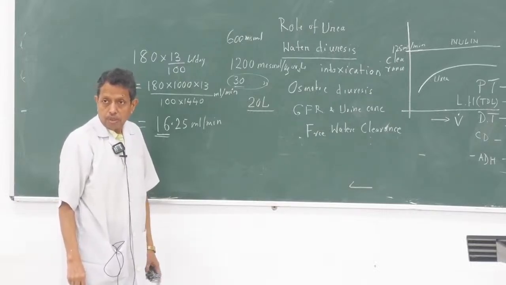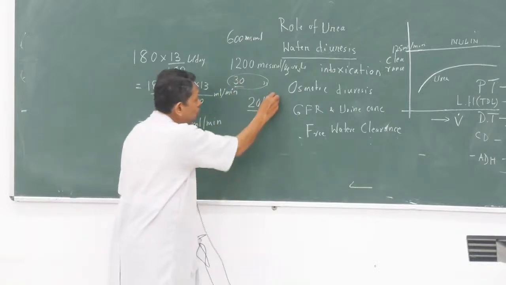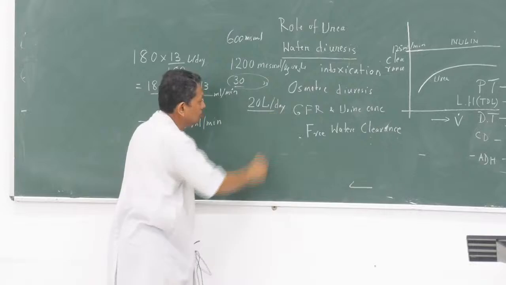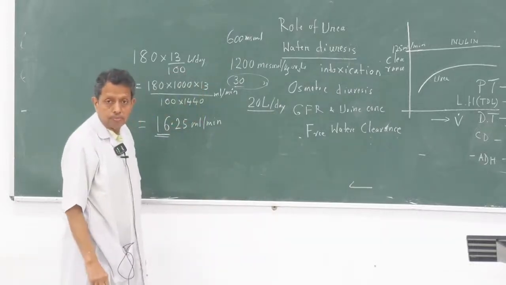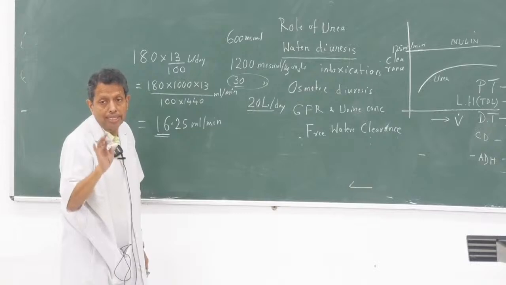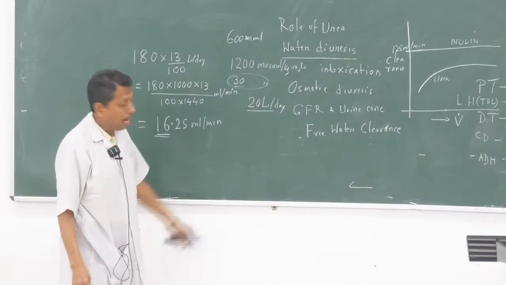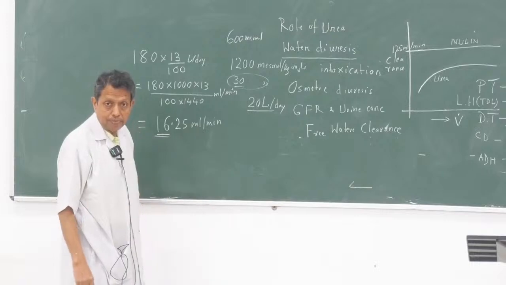Understood? You can think of it another way. Per day is to be produced. When it is maximum dilution, no ADH is active. Drinking profusely, then the maximum value is this per day.